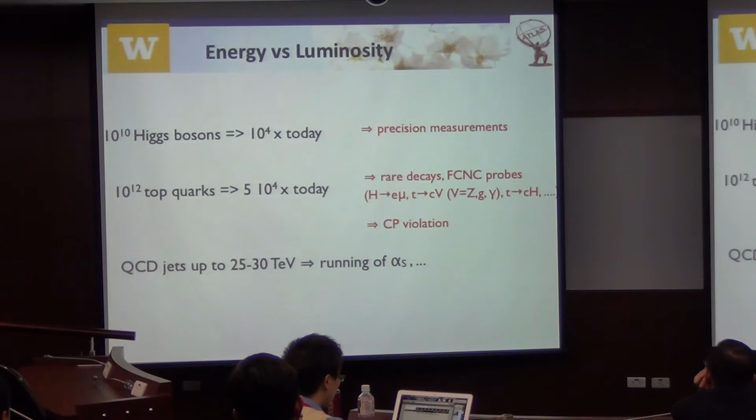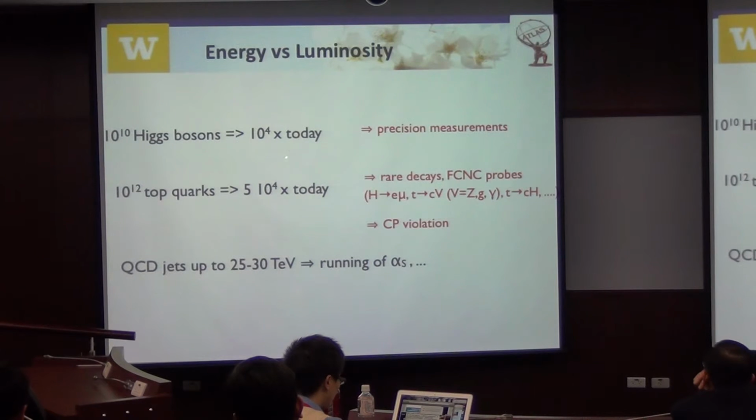Then coming back to the Large Hadron Collider, or the machine beyond the Large Hadron Collider. This is a machine that can produce a lot more particles compared to what we have today.